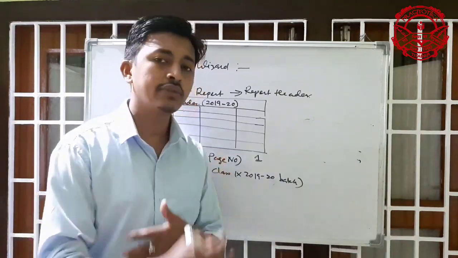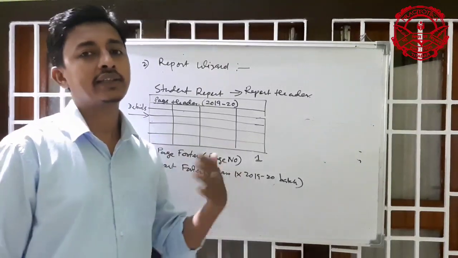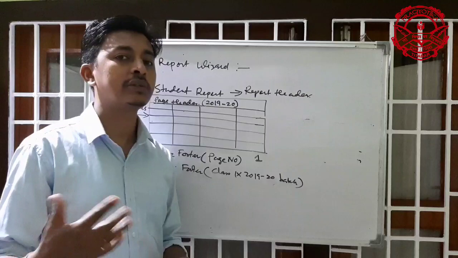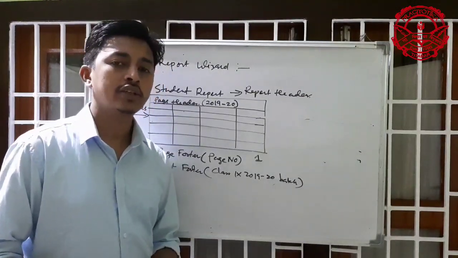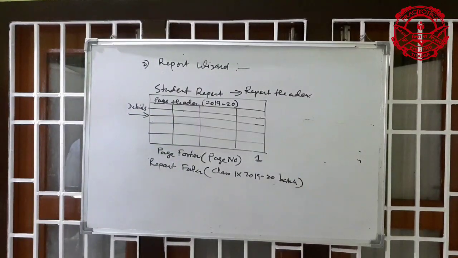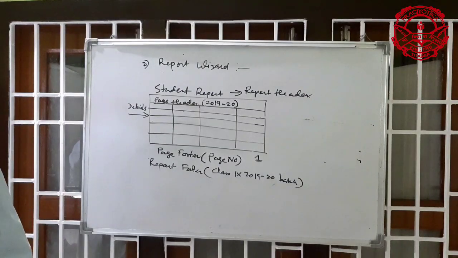In this way you can create a report in two ways: report design and report wizard. It's very important. In your exams, a question may come: what is a report and what are the two ways you can create a report. A report is the printed information of your documents or your information.